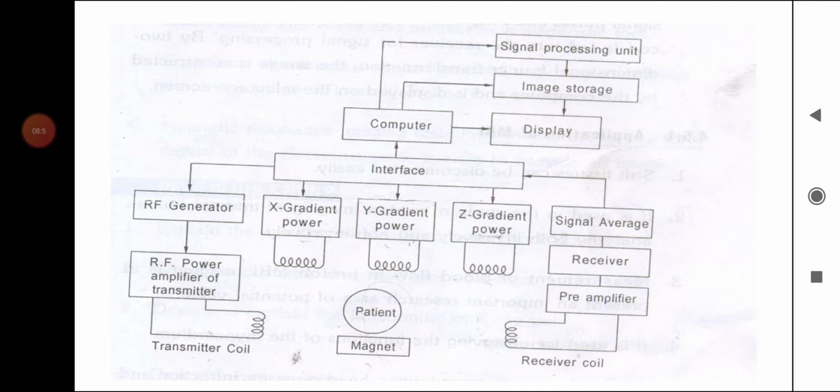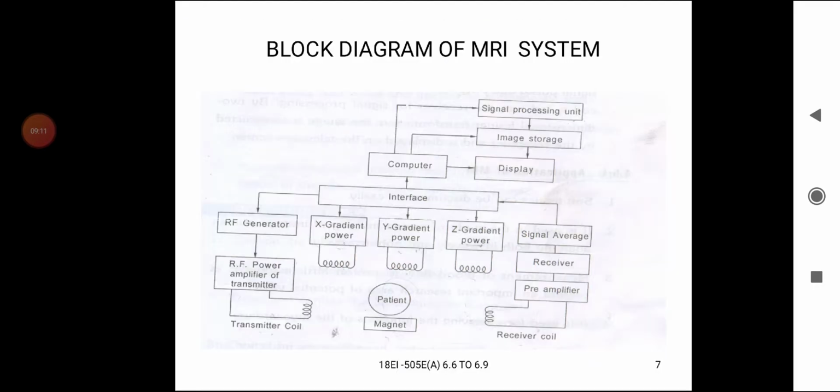The higher energy state is a temporary state, and the proton falls back to the ground state, releasing an amount of energy. This energy is measured using a receiver coil, a radio frequency receiver.